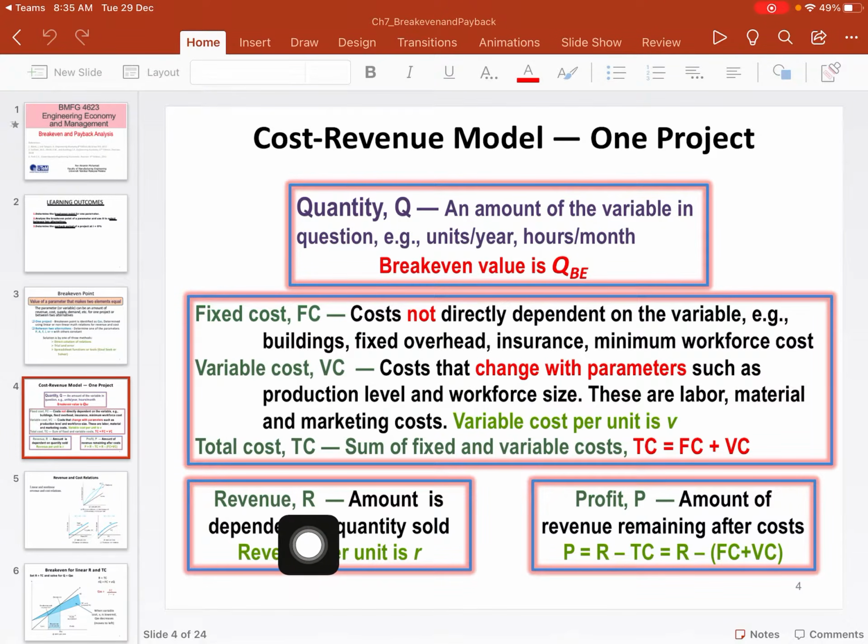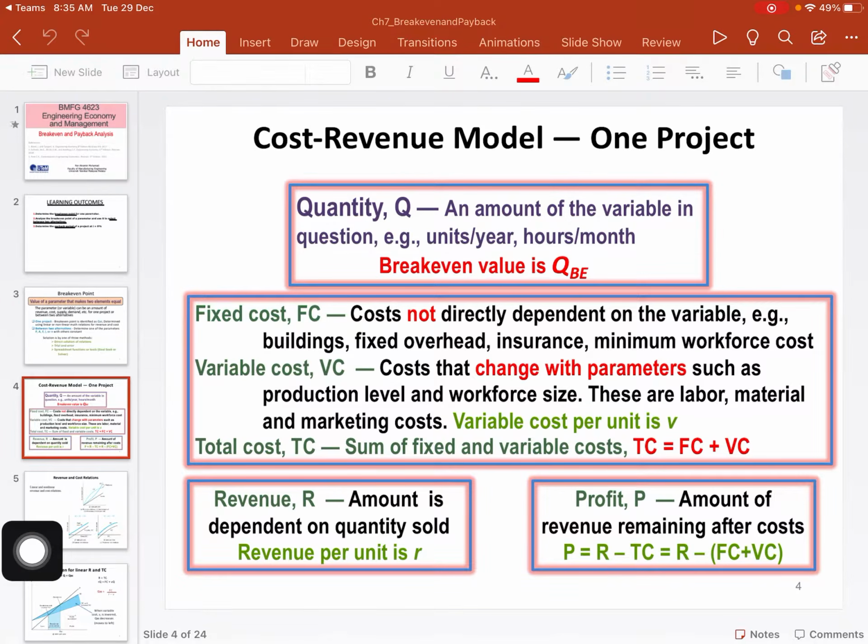Revenue, denoted as R, is an amount dependent on quantity sold, and revenue per unit is denoted as r, small letter. Profit P, on the other hand, is the amount of revenue remaining after cost. Thus, P equals R minus TC, equals R minus FC plus VC.